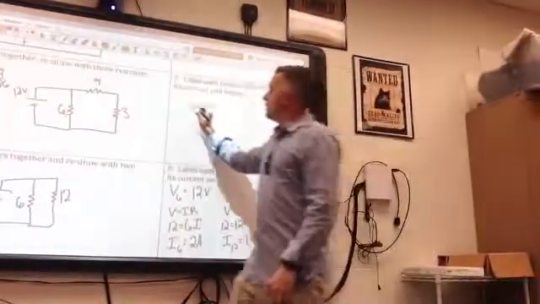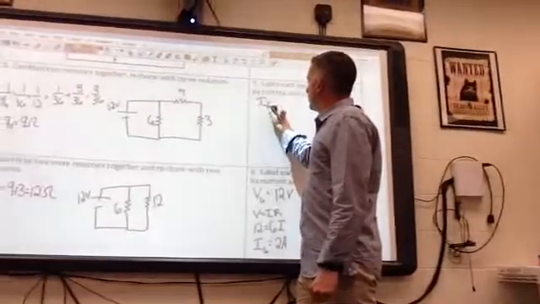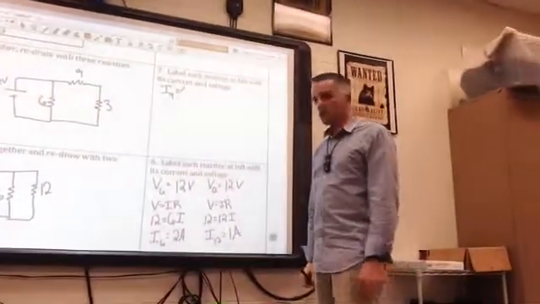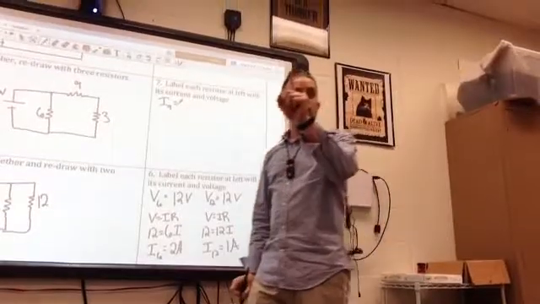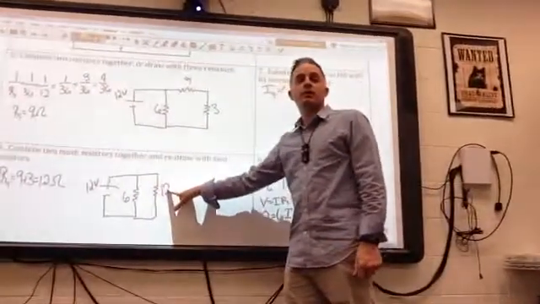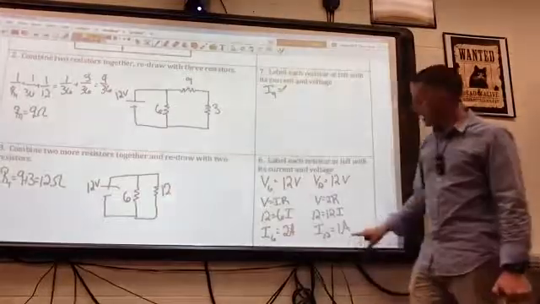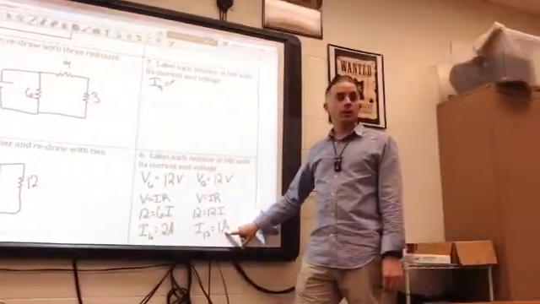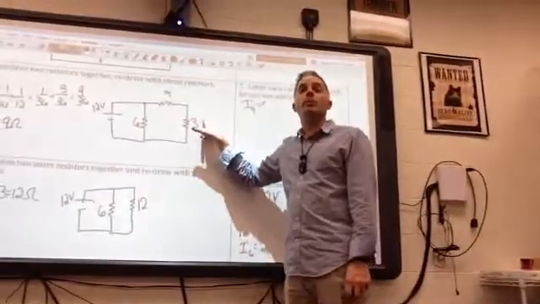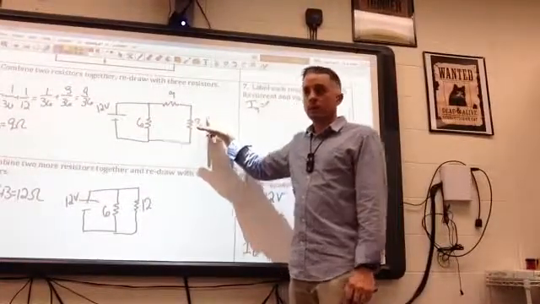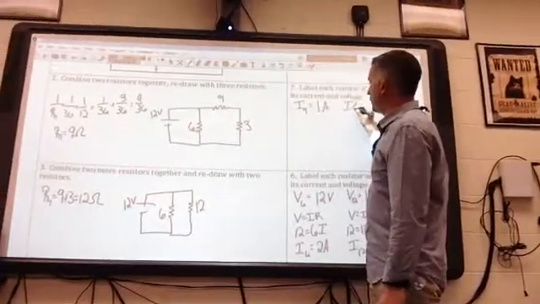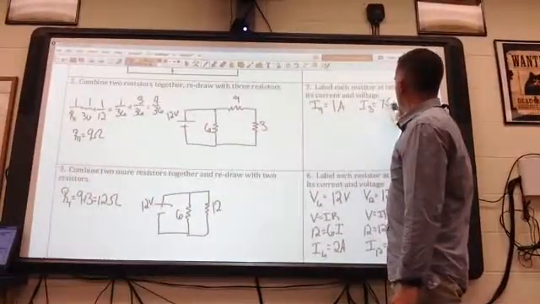So how much current does the 9 ohm get? 1 amp, right? Because we determined over here, through the 12, that it was 1 amp. Correct? But the 12 was really these two together. So they both get 1 amp. Good? So the 9 gets 1 amp. The 3 gets 1 amp.